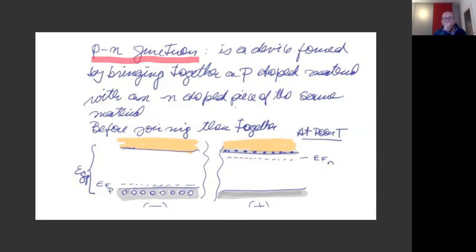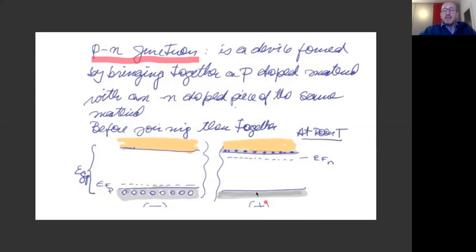Now, this doesn't mean that this piece is negatively charged, because you have to remember that we put in positive ions in here. So the total charge of this piece is neutral, and the total charge of this piece is neutral because I added positive ions here, sort of mimicking the hydrogen atoms.